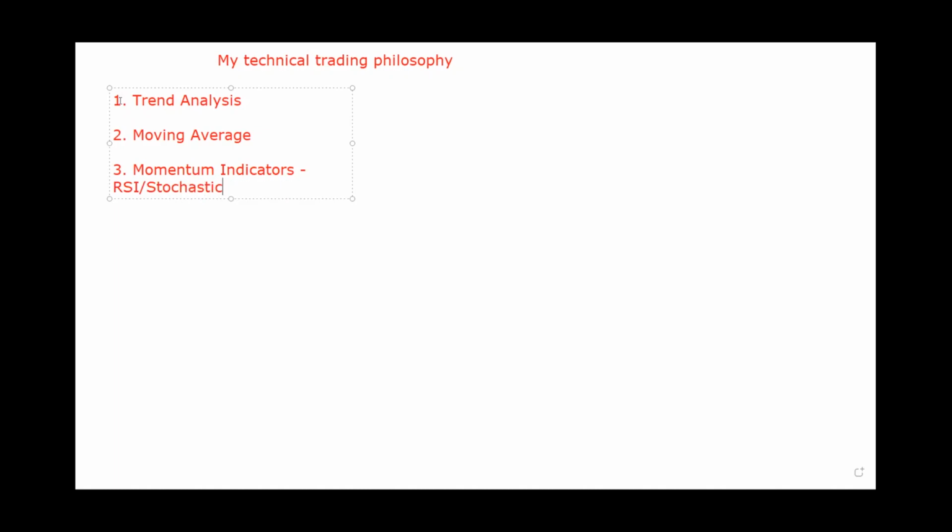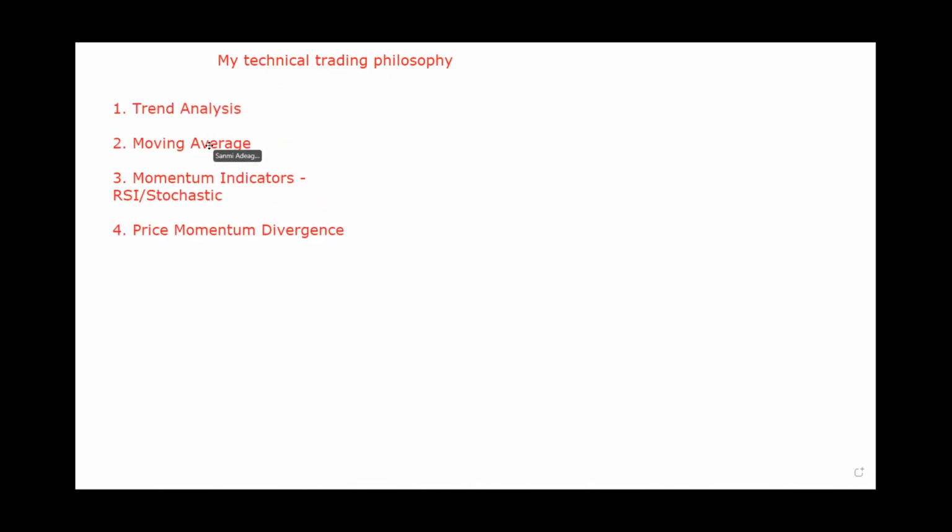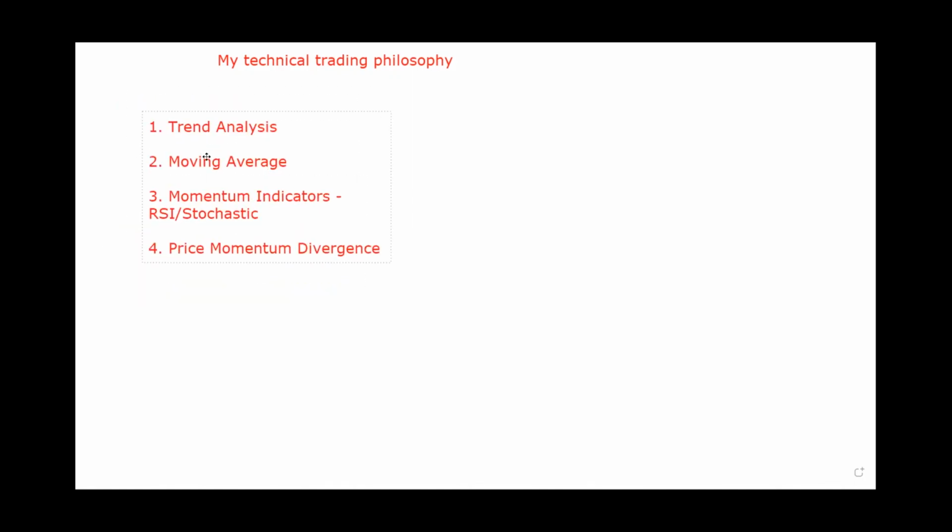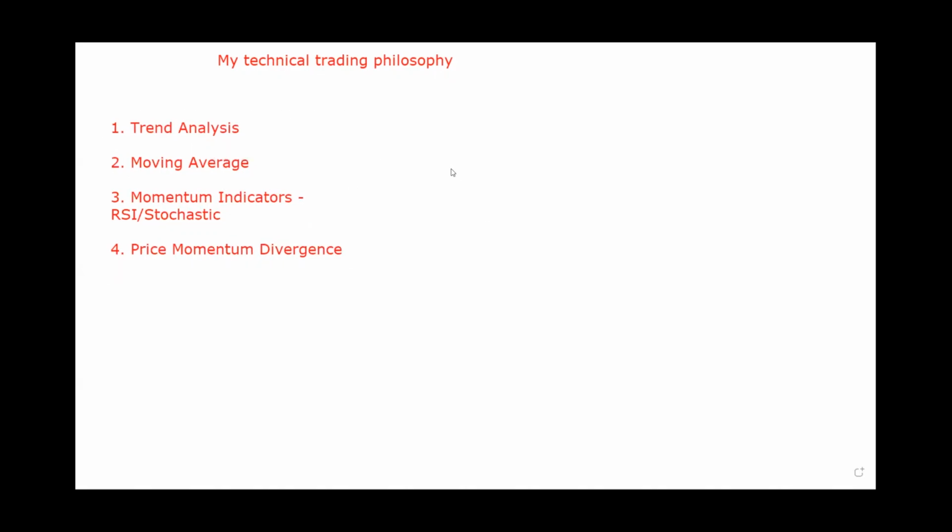And then we're going to look at price momentum divergence. That's it. These are the things we will need. So: trend analysis, moving average, momentum indicators, especially the RSI or the stochastic, and then the price momentum divergence. These four. Since we've talked about trend analysis and have videos on it, we don't need to go back there.